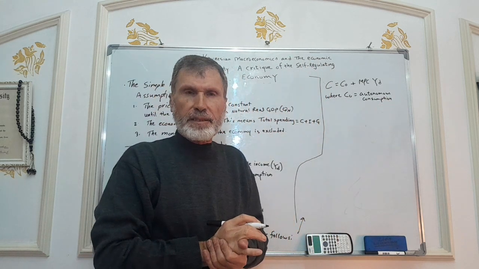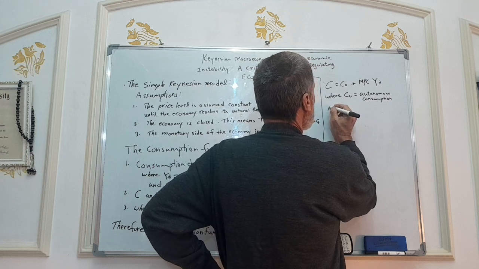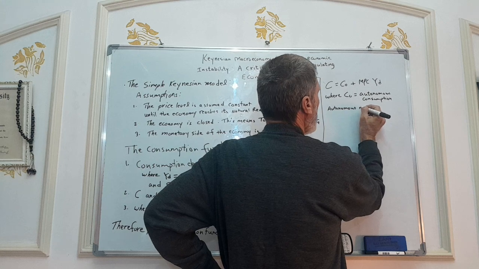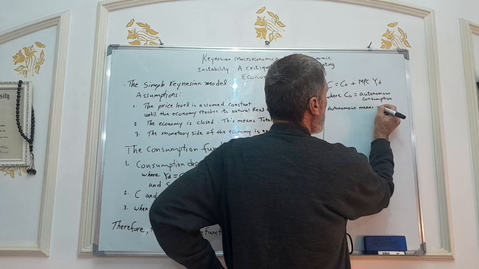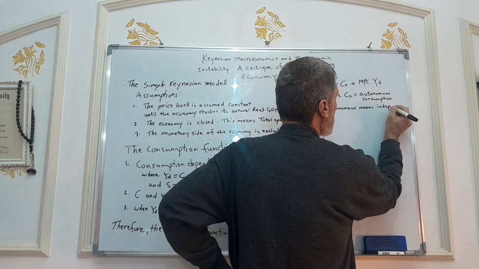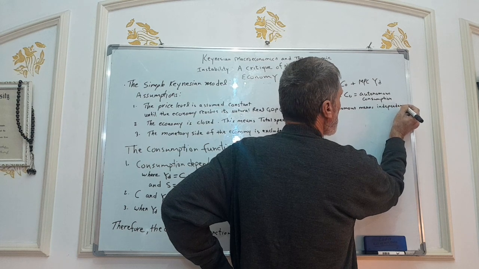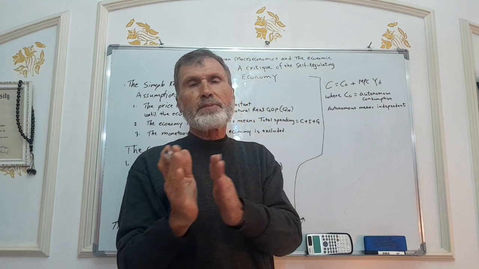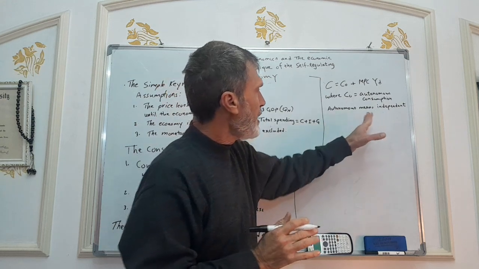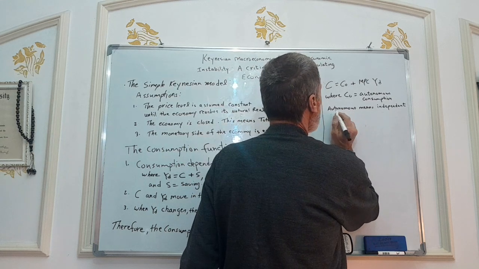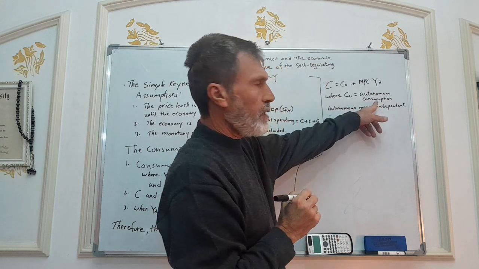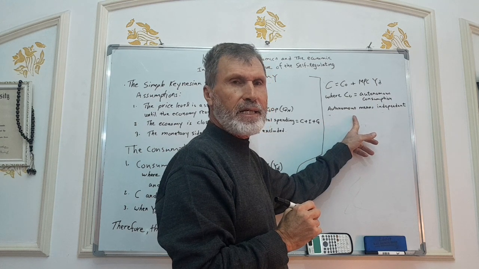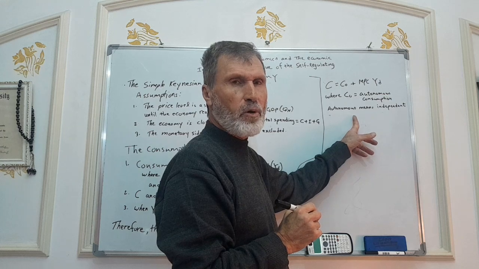Autonomous means independent. What does that mean? It means that C0 does not depend on disposable income. Therefore, autonomous consumption is the part of consumption that is not dependent on disposable income.